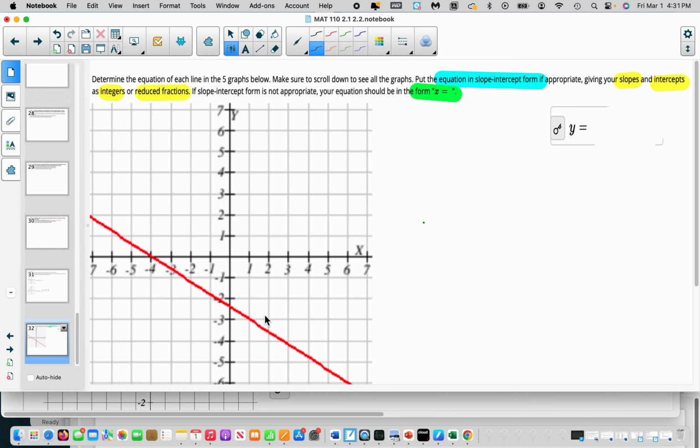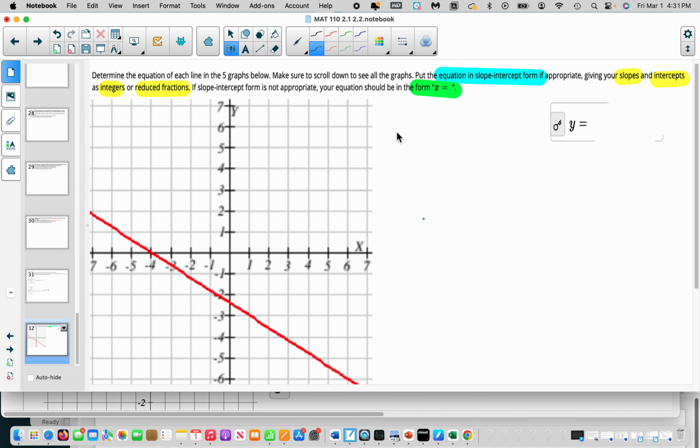All right, so we have a graph here. Let's just remember what our two forms are. Our slope-intercept form is y equals mx plus b.